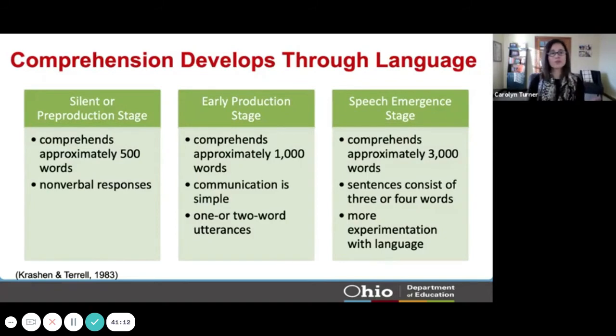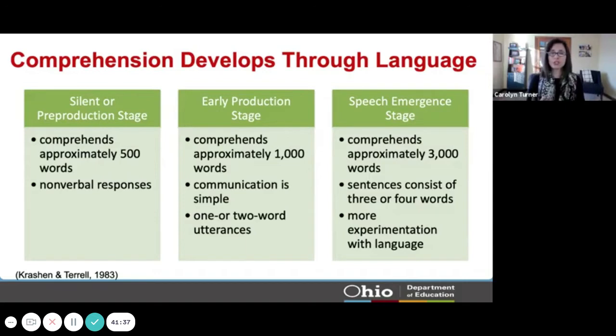So we can go from that silent or pre-production stage, where a learner might be looking at you and not responding, but they're just taking things in, right? And so you may not know what it is that they're doing. You might have some preconceived perceptions about it, but they're just taking in this language, much like a young child is doing in English.